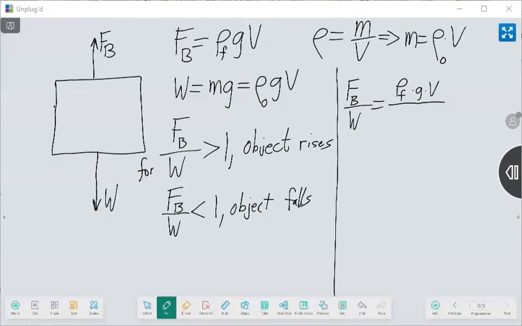The object's weight is rho of the object times G times the volume of the object.